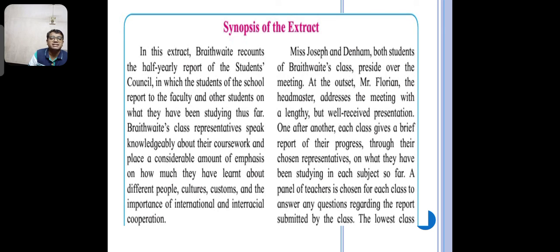So that is how the entire procedure took place in that student council, as recounted by Braithwaite in this particular extract, and that is about our extract.